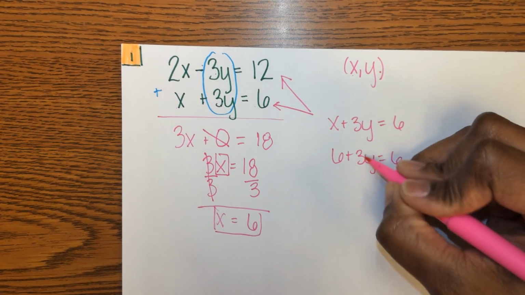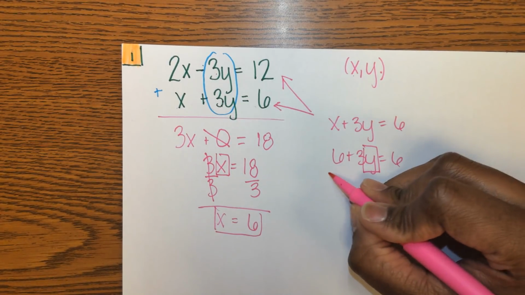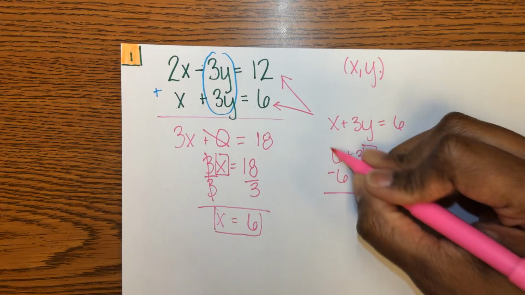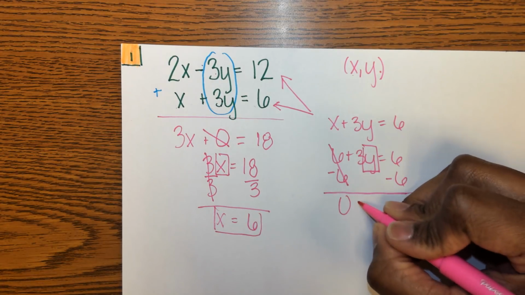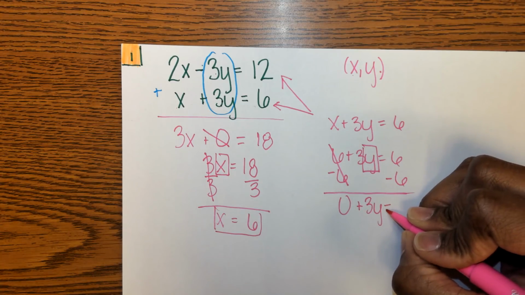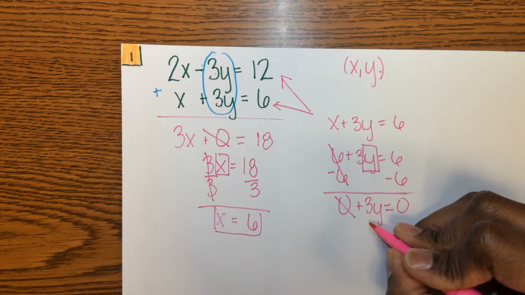I want to get the y by itself now. I've already gotten my x, so let's get the y by itself. I'm going to subtract 6 on both sides. Those cancel out, so I have 0 plus 3y equals 0. I don't really need that 0, so I just have 3y equals 0.